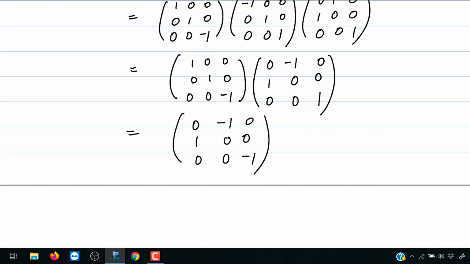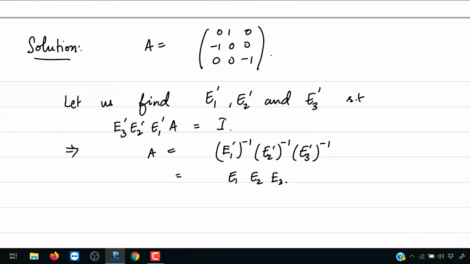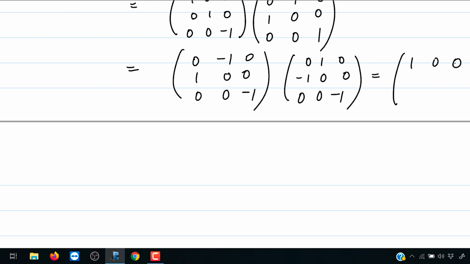You can check that this indeed is the inverse. You should just get hold of the A, which was 0 1 0, minus 1 0 0, 0 0 minus 1. If you notice, the first row is 1 0 0, the second one is 0 1 0, the third is 0 0 1. Yes, this is indeed the inverse. So we have indeed obtained the correct inverse.